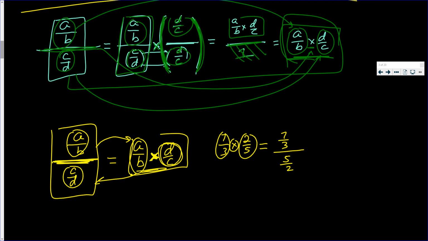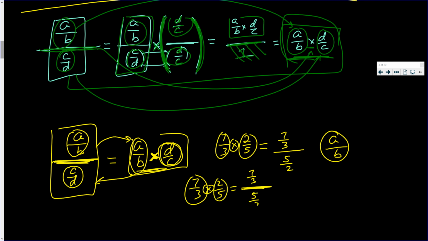You can go one way to another way, and there will be times you want that. You may have a formula that says you have to divide A and B. And they give you 7/3 times 2/5. But you have to write it as a fraction. You need to decide what A and B are. Well, you keep this, you change multiplication to division, and you flip over the bottom number.